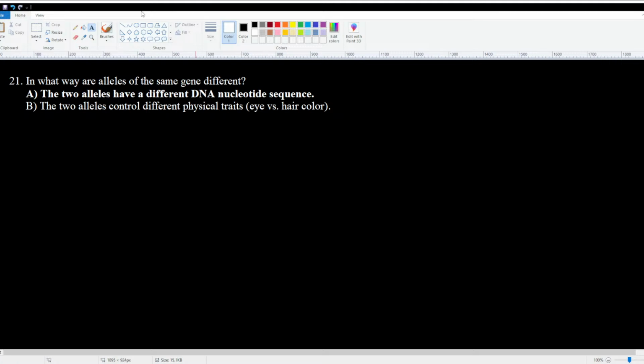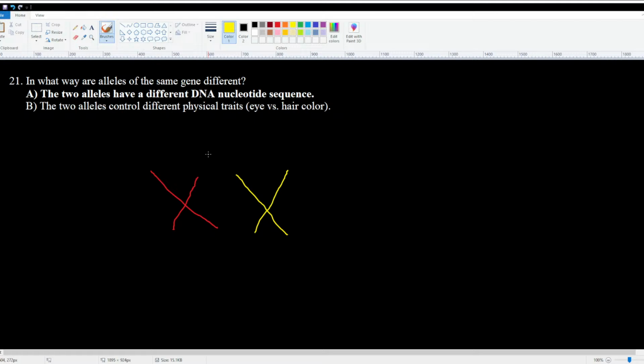So, remember, we get one set of chromosomes from dad, the other one from mom, right? So we have the red for dad, and then yellow for mom.